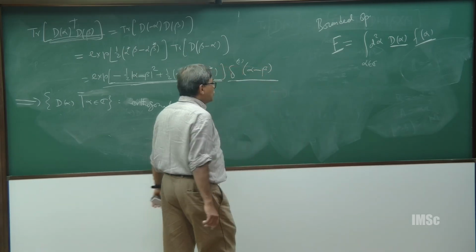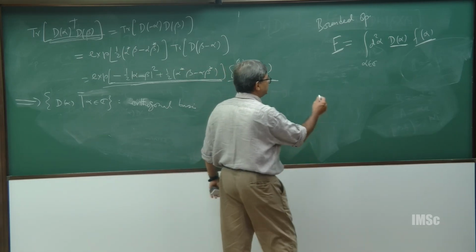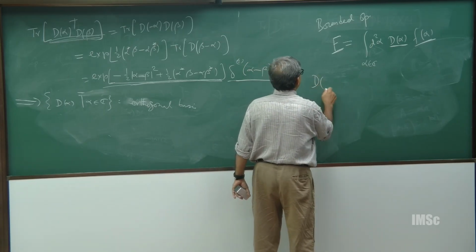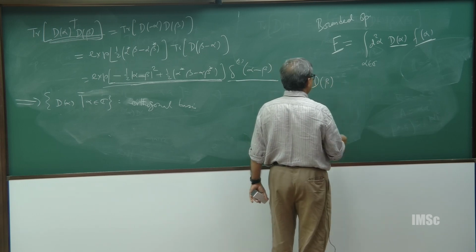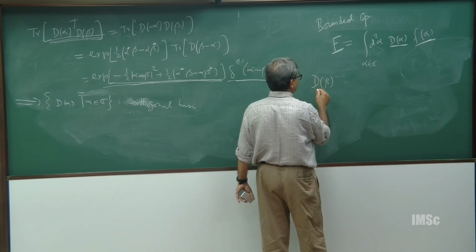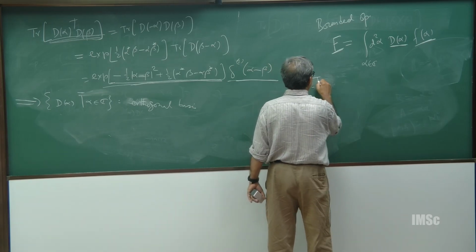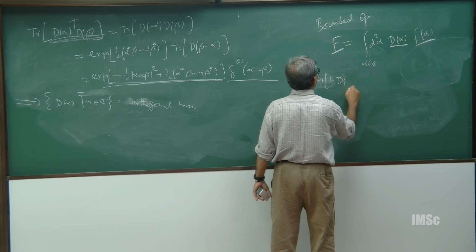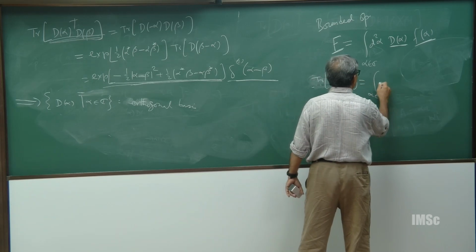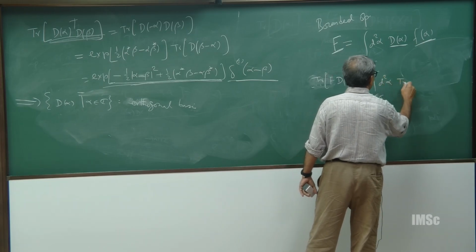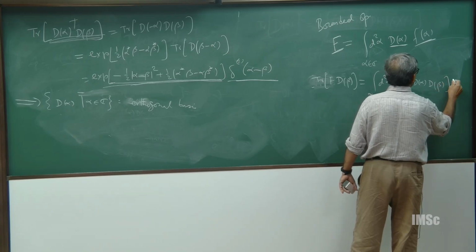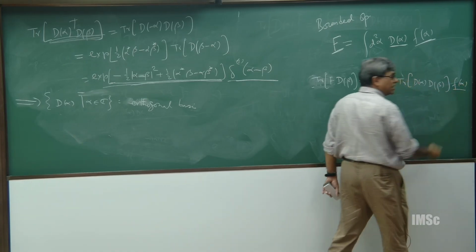Okay, so what about this f of alpha? Let us take trace of F D of beta. So this will be integral over alpha belonging to C, d square alpha, trace of D of alpha D of beta, then f of alpha. f of alpha is a scalar function.